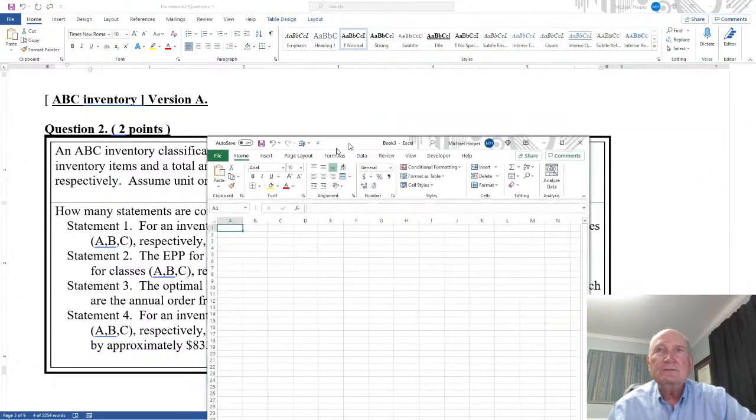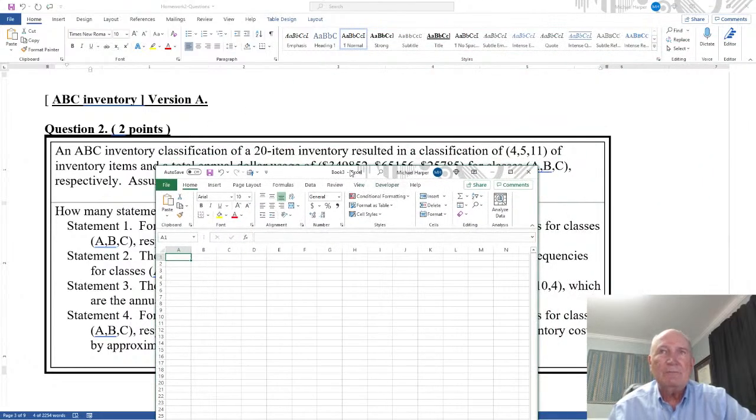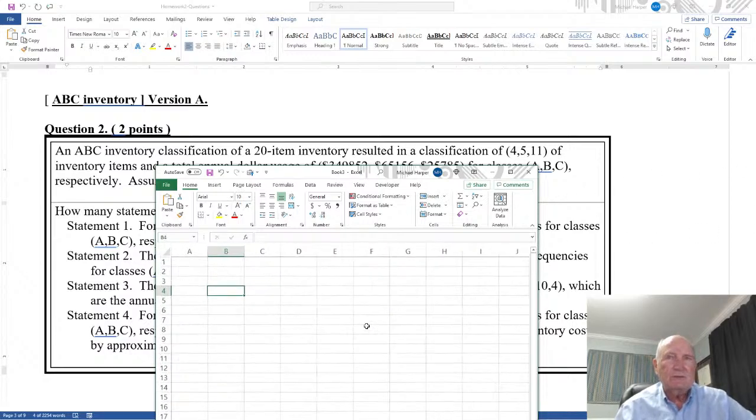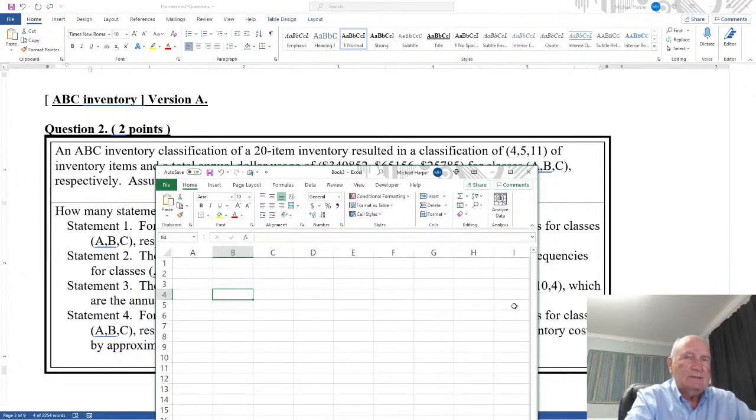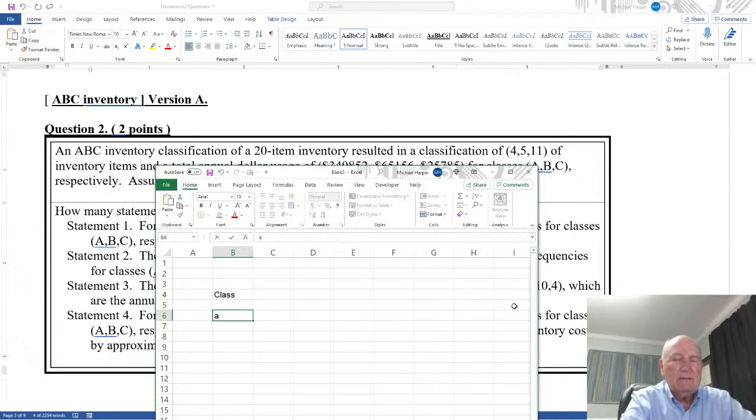In building the Excel sheet, we'll start here, enlarge this so we can see it. The class will be A, B, C. And then we're going to have the usage.